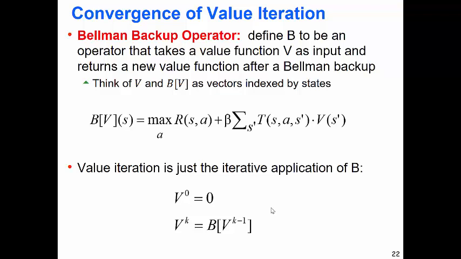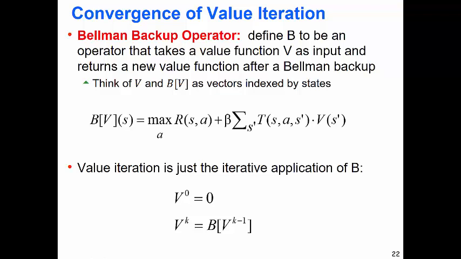For this, it's very convenient to think in vector form again, and to think of the Bellman backup operator as an operator on vectors. The Bellman backup operator takes a vector of values and returns a vector of values. This is how I like to write operators. So B is the Bellman backup operator, and V is the value function that you're inputting to that operator.